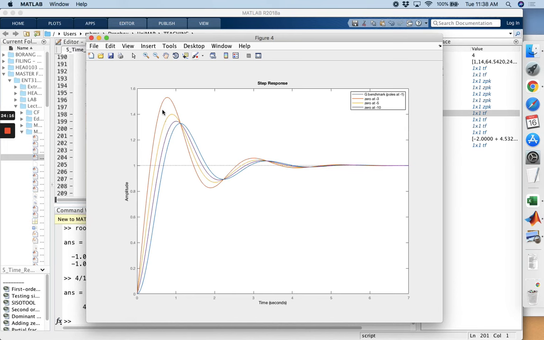And for the red plot here, the zero is introduced very near to the poles at -1.